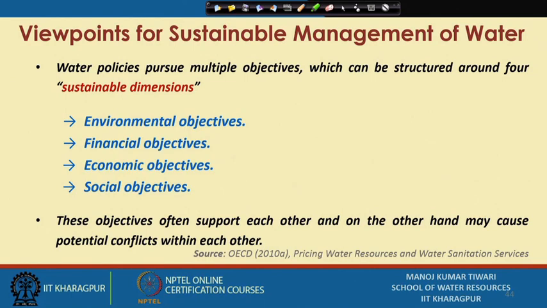Whenever a water policy is developed, it could have one or, in fact, more than one of these major objectives for the sustainable dimension. Of course, the objective of a water policy could be providing water to a community, the prime objective, but that will fall under a social objective, as you see here.